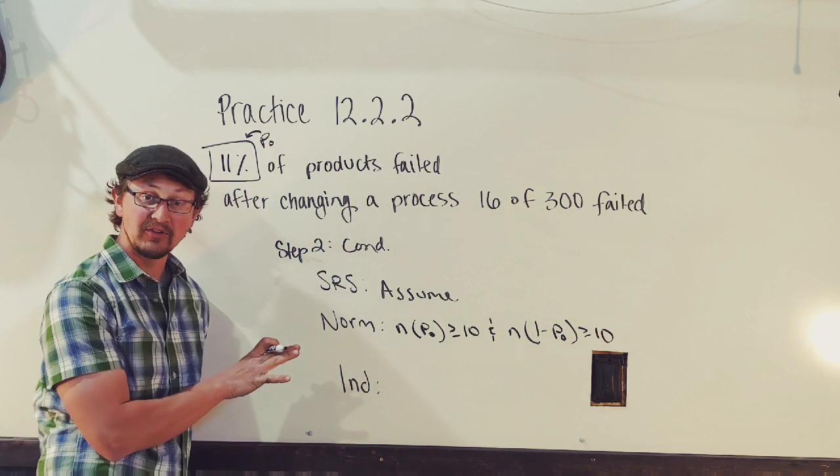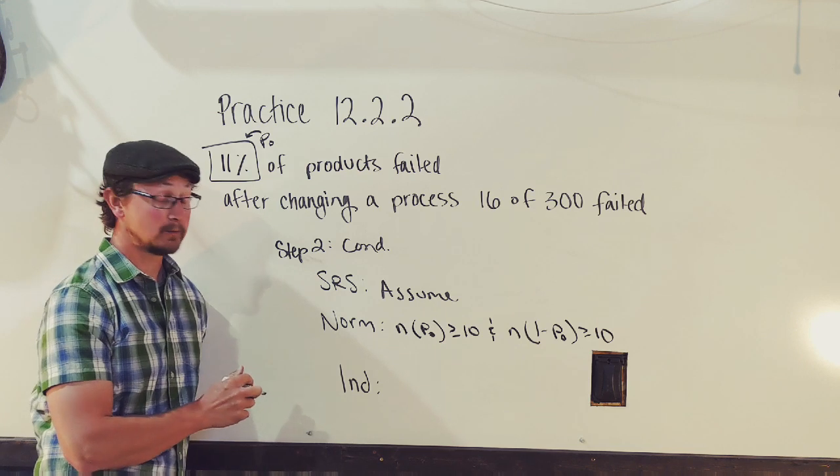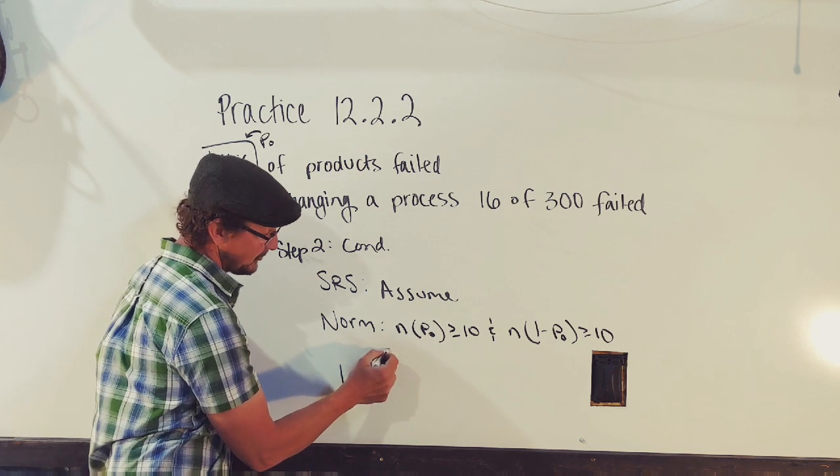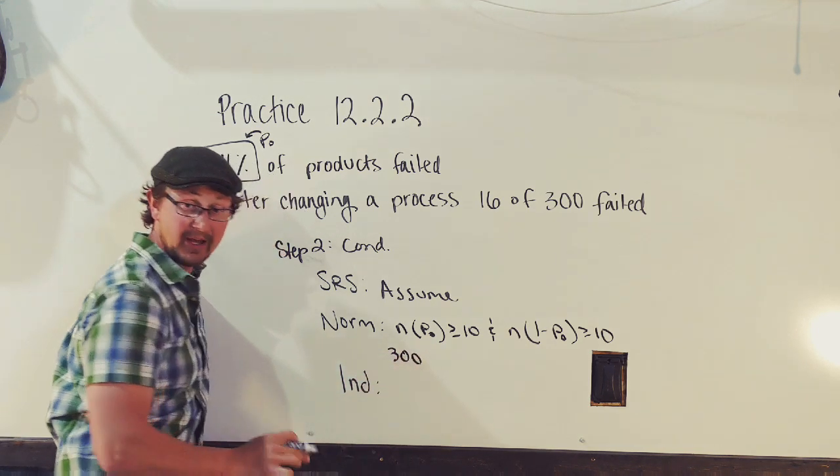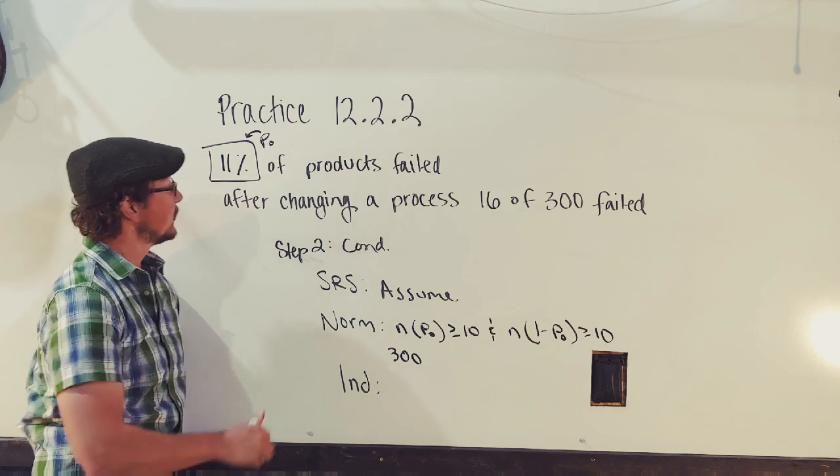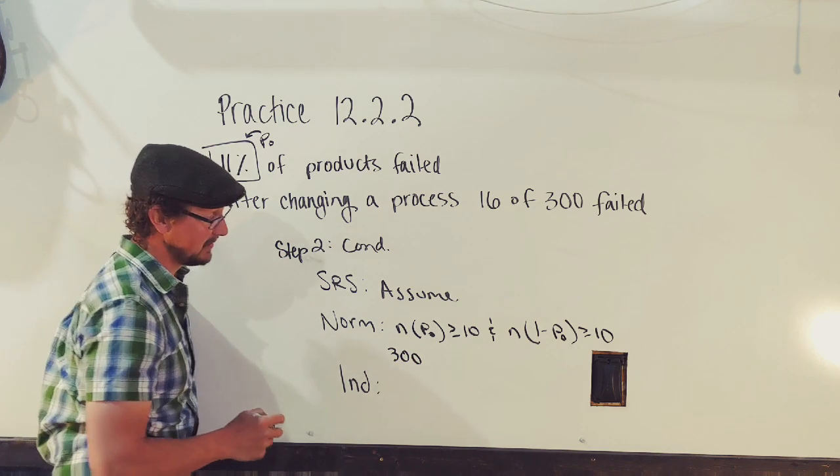I'm going to sub some numbers in and show that this is true. So my sample size is huge. A sample size of 300 is pretty much going to get us there, regardless of what my proportion is.